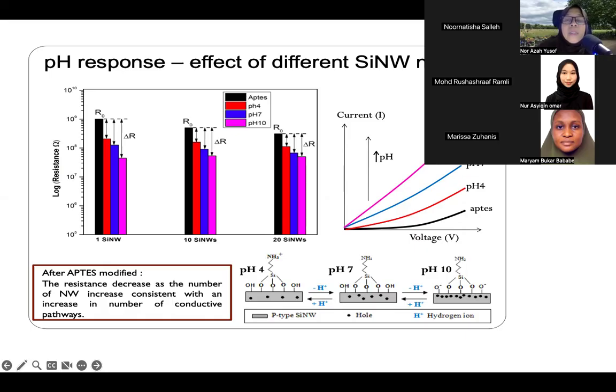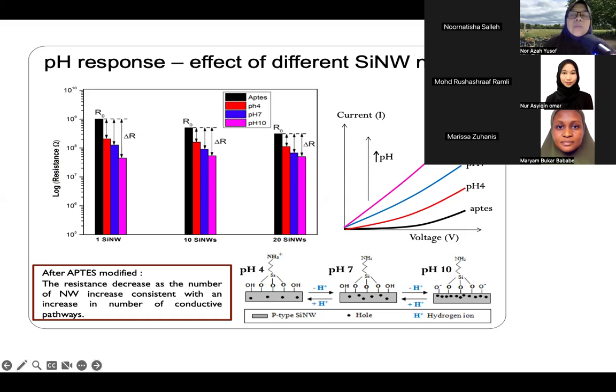Very big difference. So the conclusion is that the greater the pH, meaning the more alkaline the solution, the greater the current produced from the silicon nanowire.